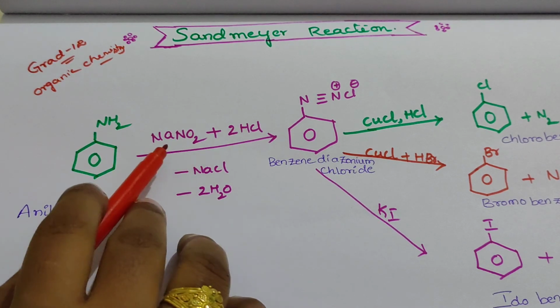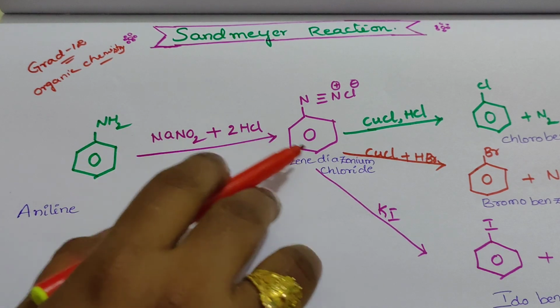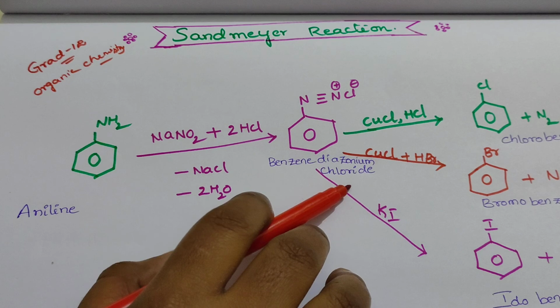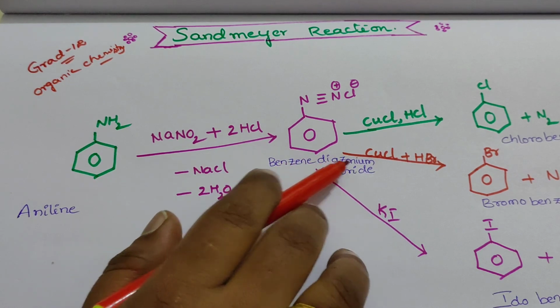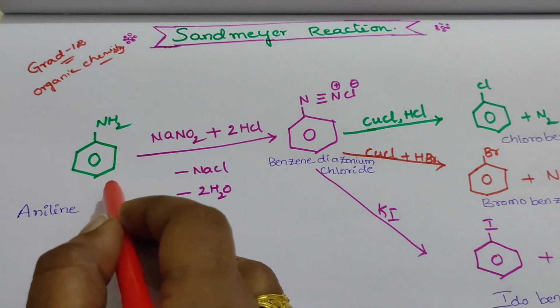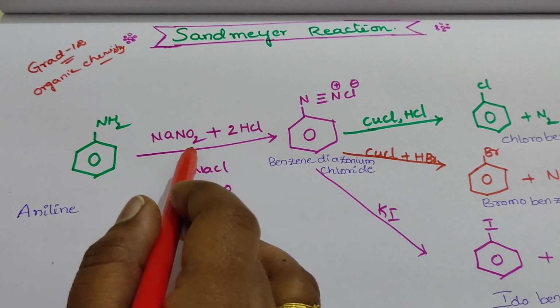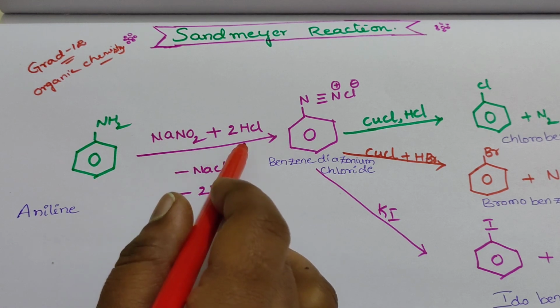That means the reagents are NaNO2 and HCl to produce benzene diazonium chloride. How will benzene diazonium chloride be formed? The aniline reacts with NaNO2 and HCl.